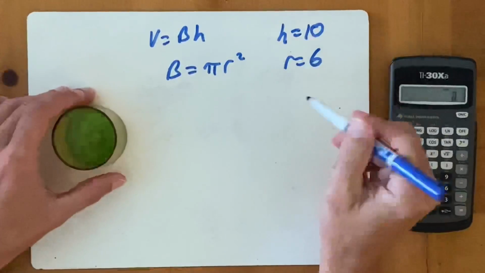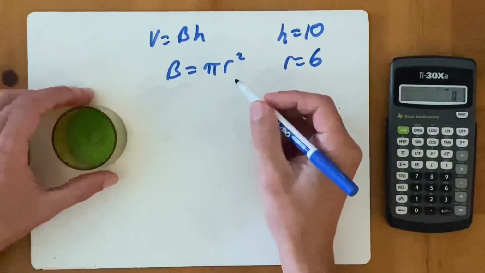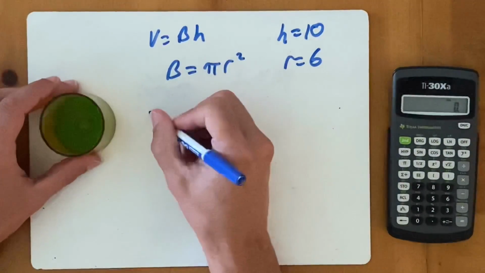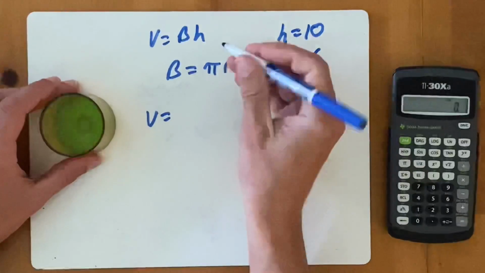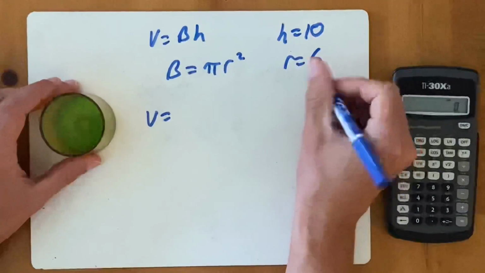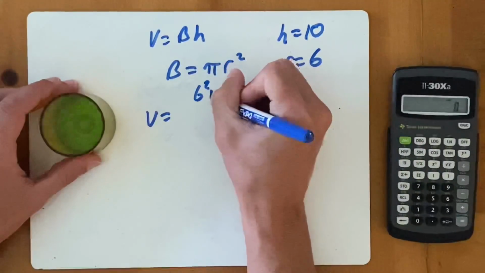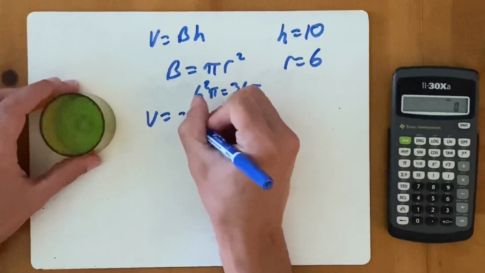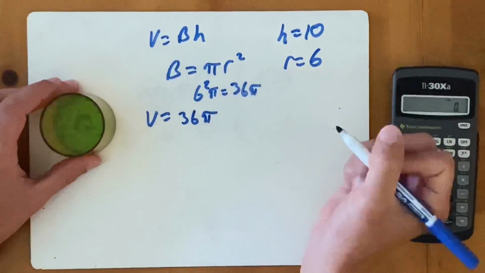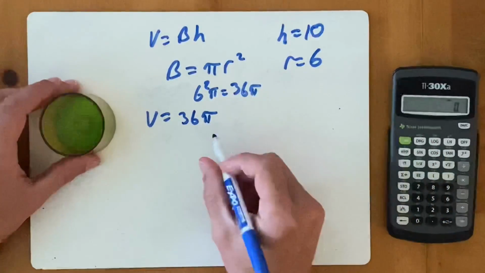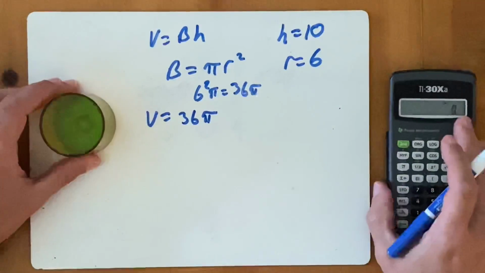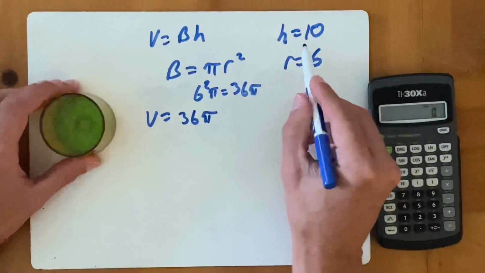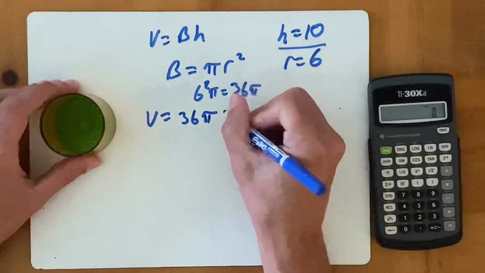Now we have everything we need, and we just have to plug it into the calculator. Volume is equal to area of the base, which is 6 squared times pi, or 36 pi. So 36 pi is capital B, the area of the base. We'll leave the pi in there till the end to make sure our answer is as accurate as possible. Then we multiply that by the perpendicular height, which is 10.